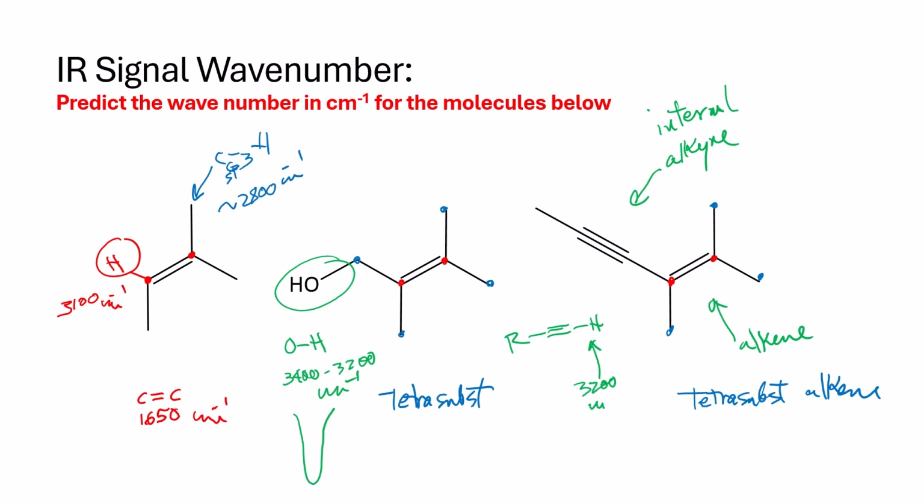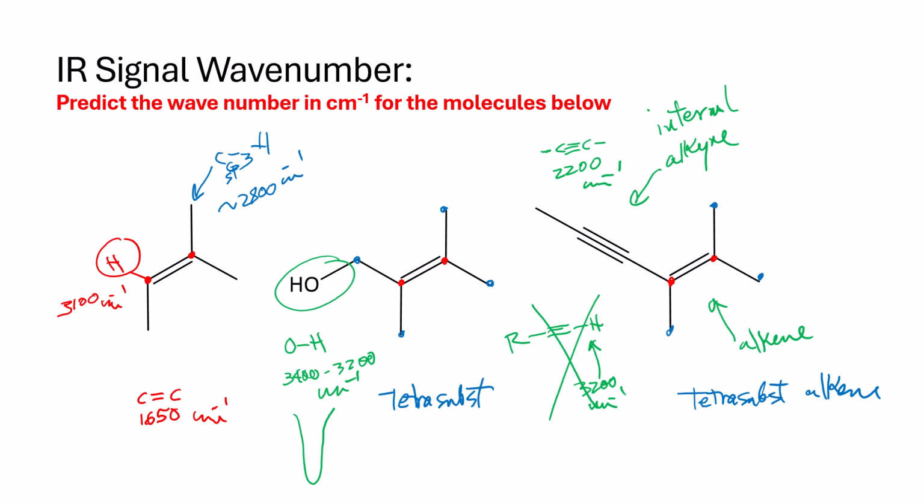I cannot use that. But I do have the carbon triple bond. That will be somewhat weak, but this vibration is at about 2200 centimeters -1. So we can distinguish this molecule.